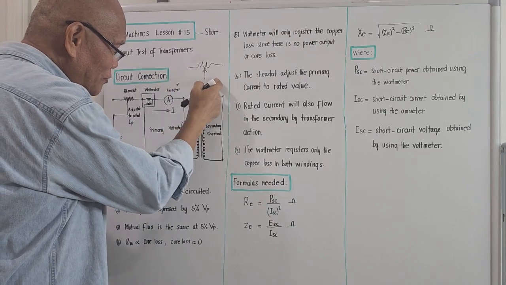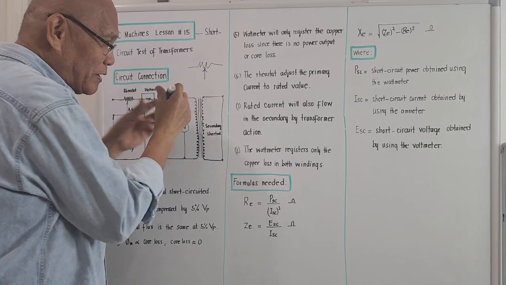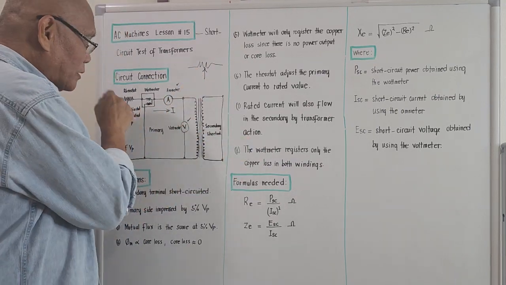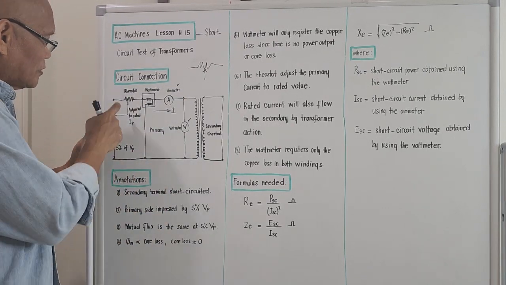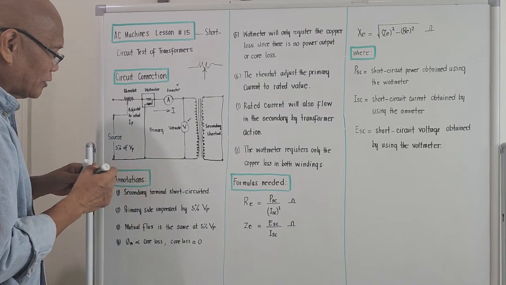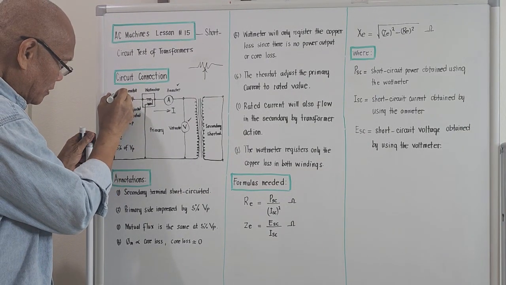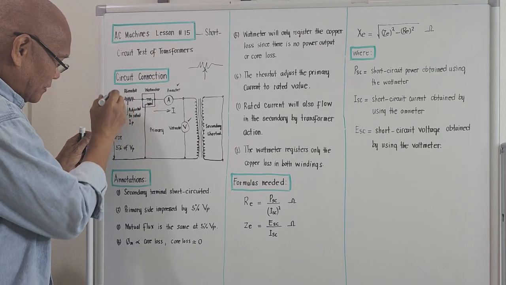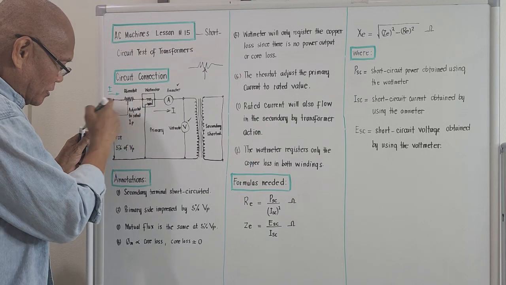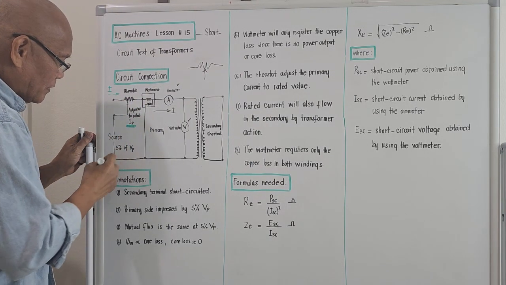If you want the maximum volume, you put it here. If you want the minimum volume, you put it here by turning the knob. The same is true for a rheostat. The use of the rheostat is to adjust the current going in. By adjusting this rheostat, we are actually adjusting the primary current.